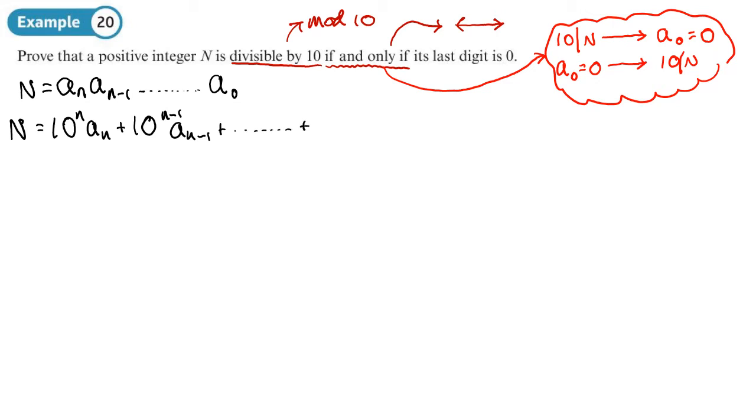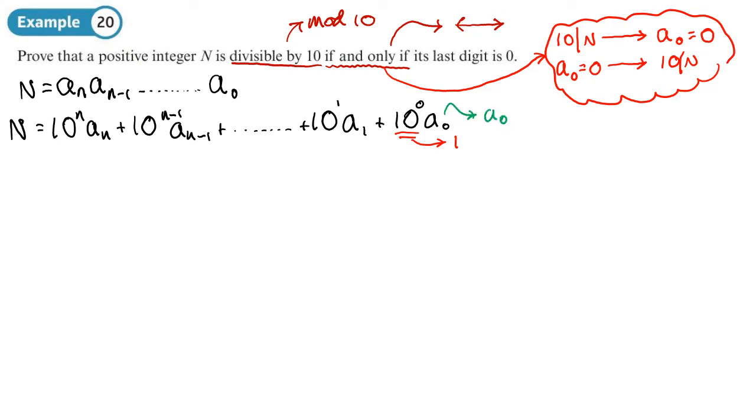Let's just do the term just before the last one. So you've got 10 to the power 1, a1 plus 10 to the power 0, a0. Now we just need to remember that 10 to the power 0 is 1. So this last term is not a multiple of 10.